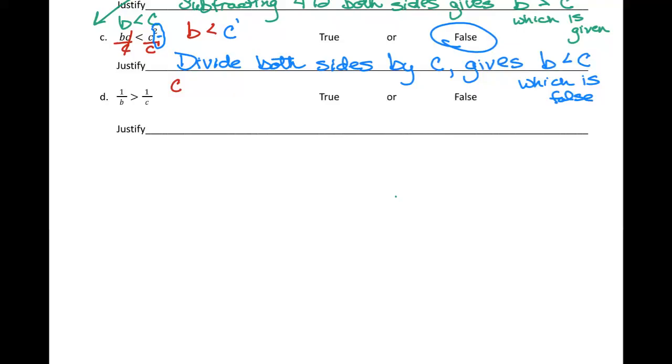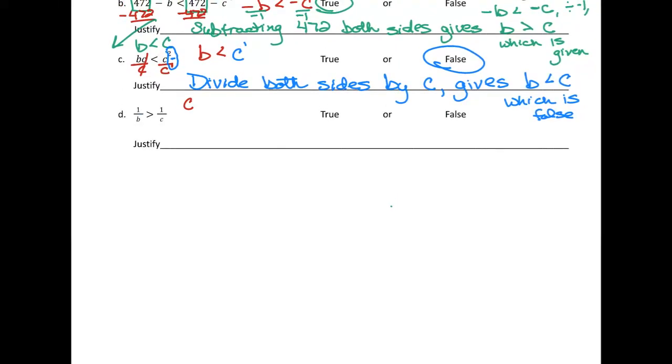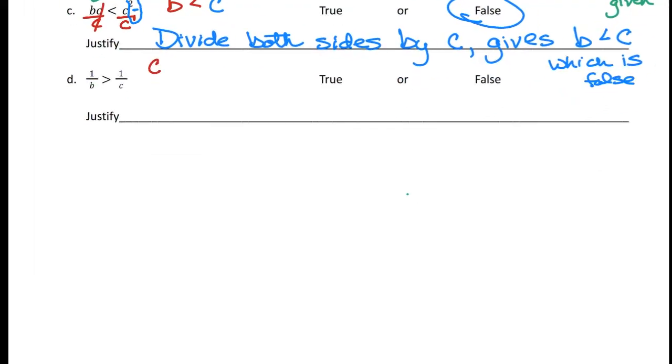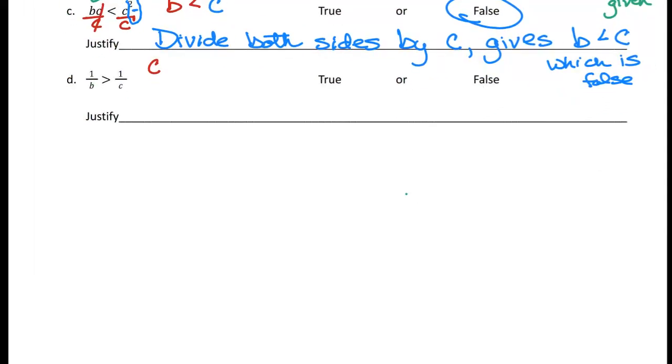And the last one, 1 over b is greater than 1 over c. This one, I would probably substitute some numbers in. So if b is supposed to be larger, let's make b equal to 5, and let's have c be equal to 2.